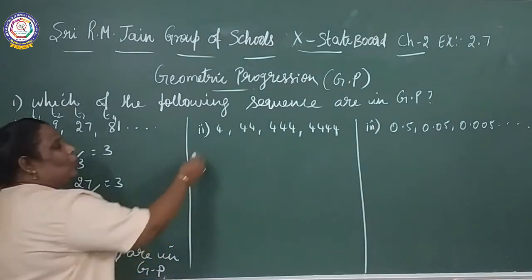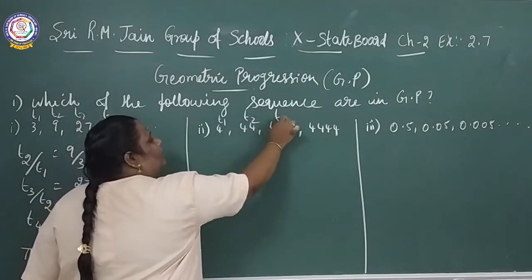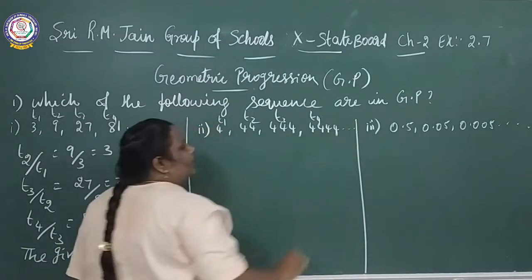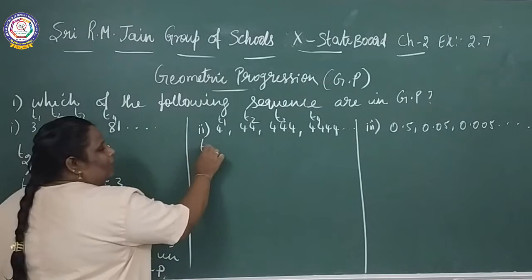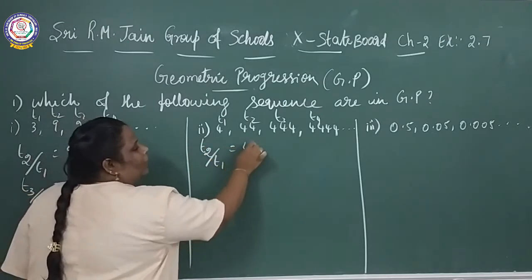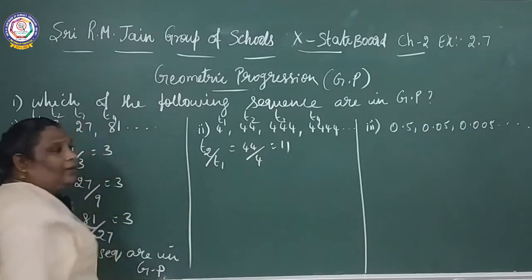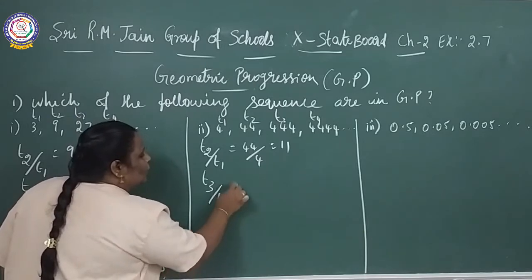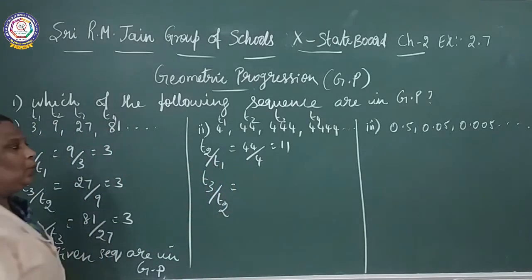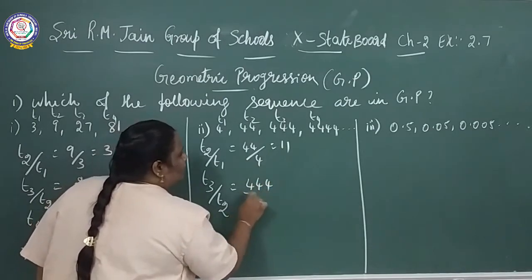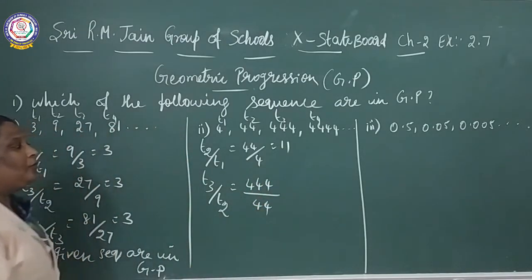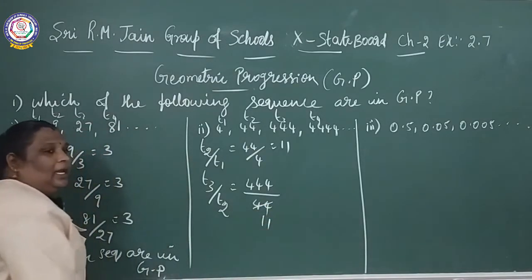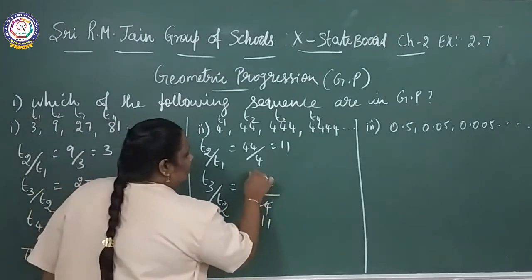Okay. Now we move on to the next one. T1, T2, T3, T4. So T2 by T1 equals 44 by 4, the answer is 11. See T3 by T2, 444 by 44, that is 11 fours, this is 111.